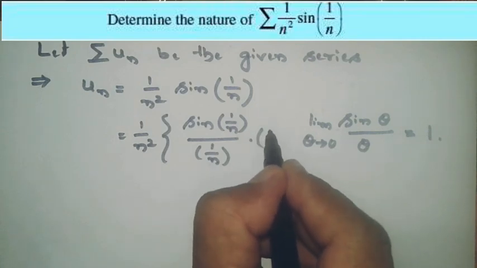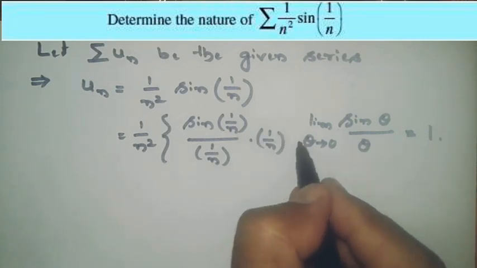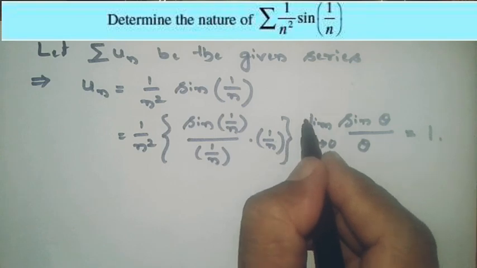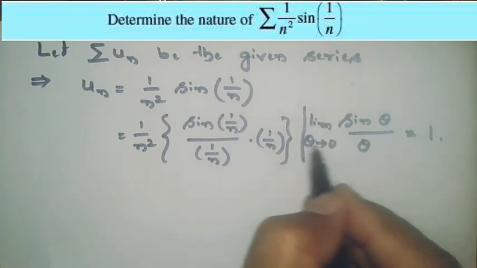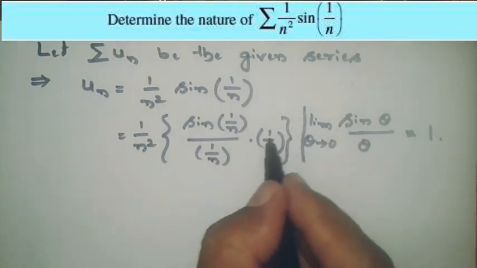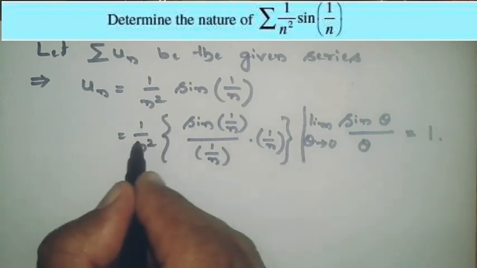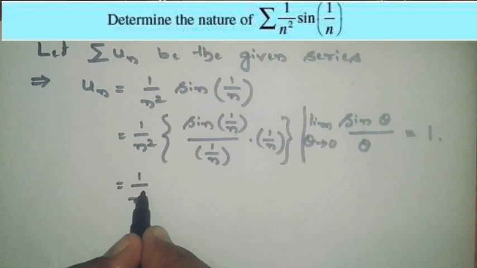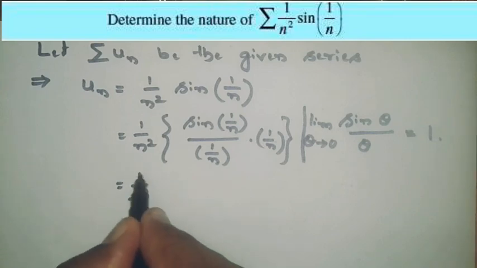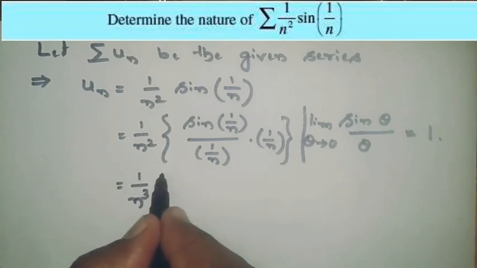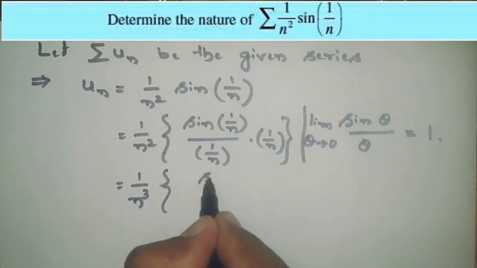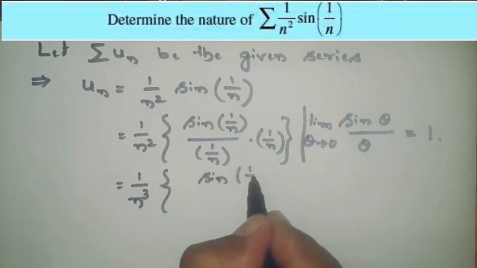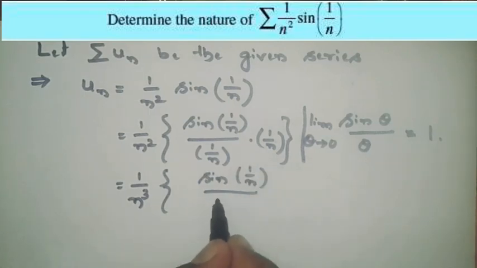Therefore, in order to compensate that, I have to multiply by 1 by n. Now this 1 by n, when we take it outside, it becomes 1 by n square into n, 1 by n cube. That we will take Vn in the later step. So here it is remaining sine of 1 by n divided by 1 by n.